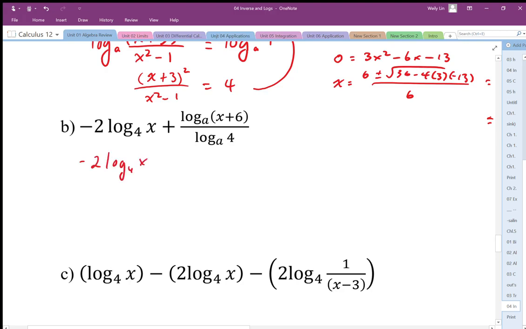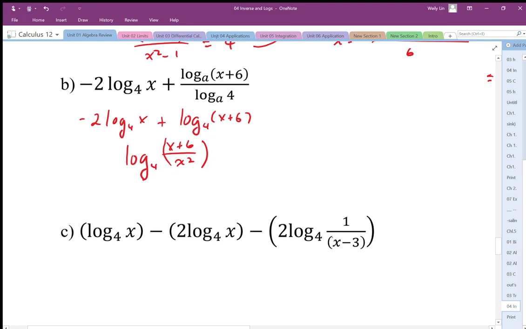So I'm going to use the change of base formula, and the nice thing about that is it changes it to the base that I want, base 4. Then I'm going to combine these together and end up with log. x plus 6 is going to be in the numerator. That's going to be a negative power, so it becomes x squared in the denominator. So there's my log expression. I've combined my logs there.